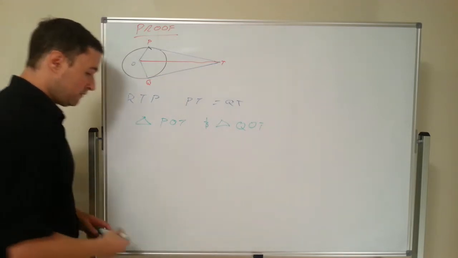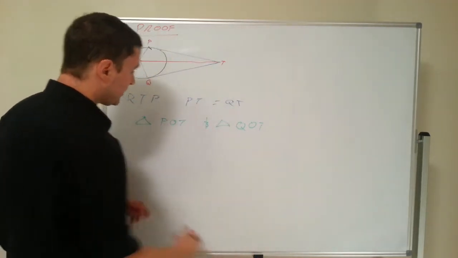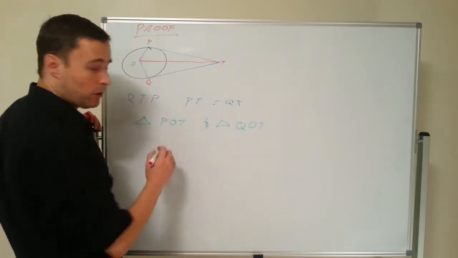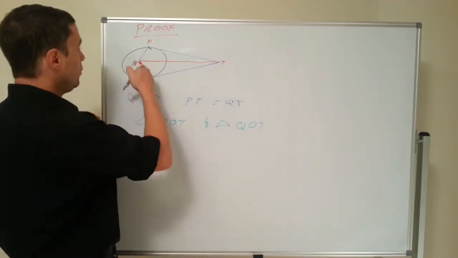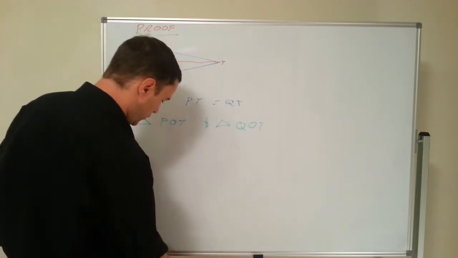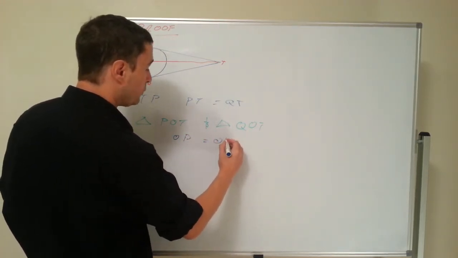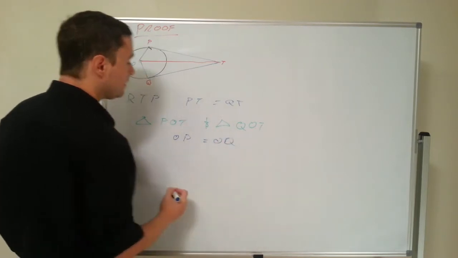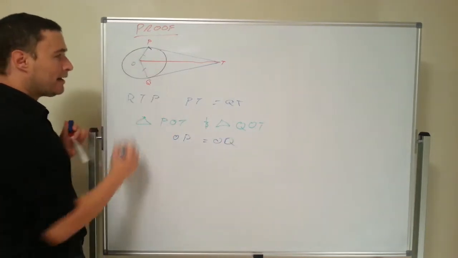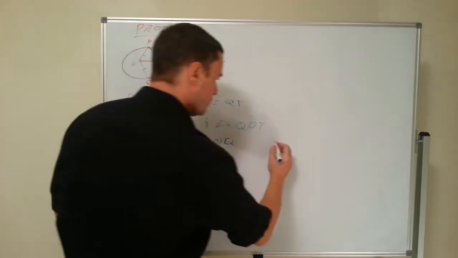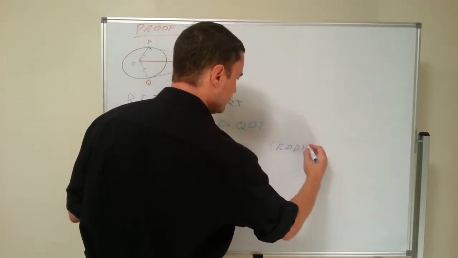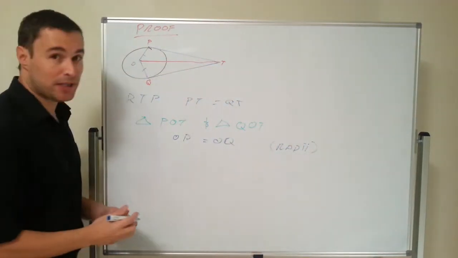Firstly, we can say this. I'm going to color code this. OP equals OQ. Why are they equal? Because they are radii of a circle, so they have to be the same size.